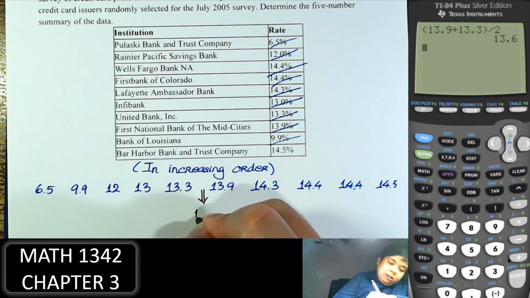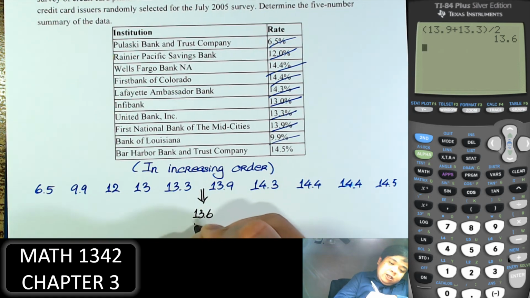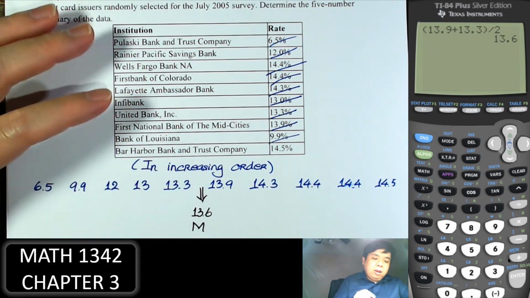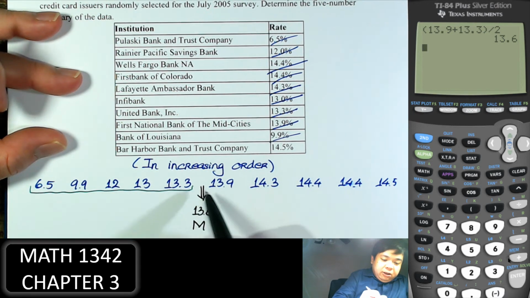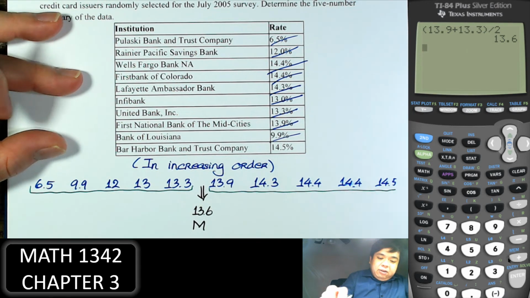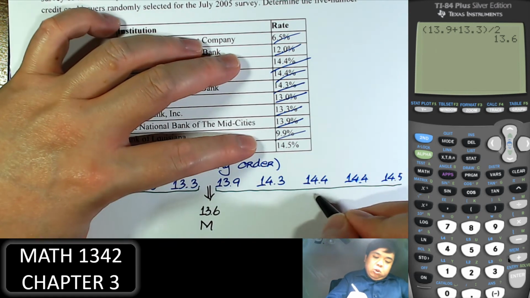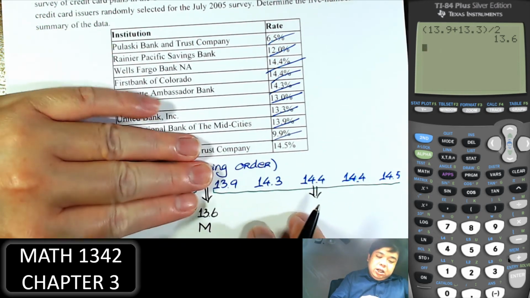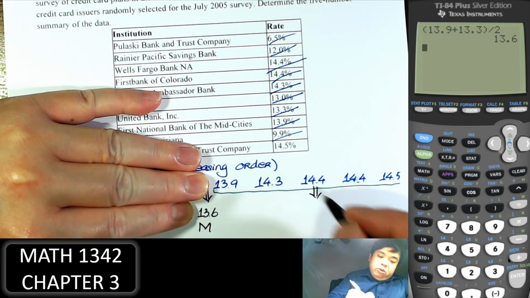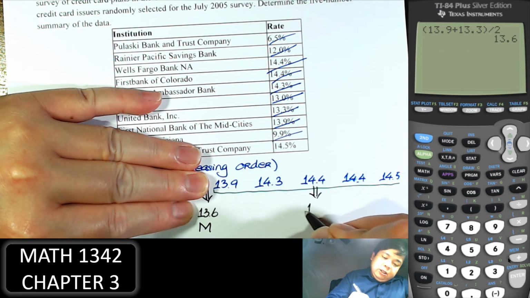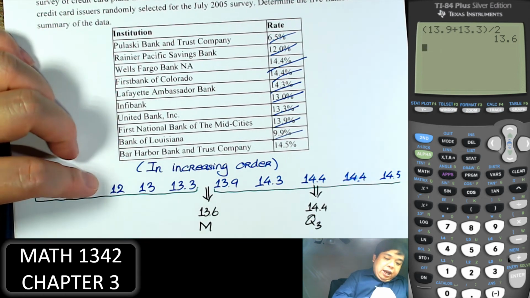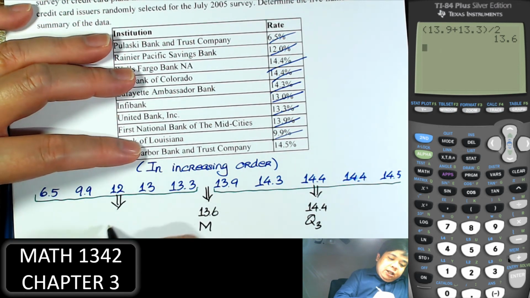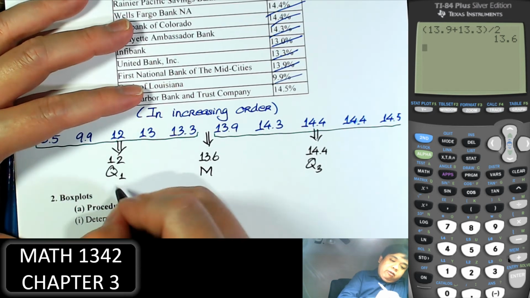So that is M. And then we have the upper half and the lower half. For the upper half, there are 5 of them, so the one in the middle, with 2 above and 2 below, is Q3, and then Q1 is 12.